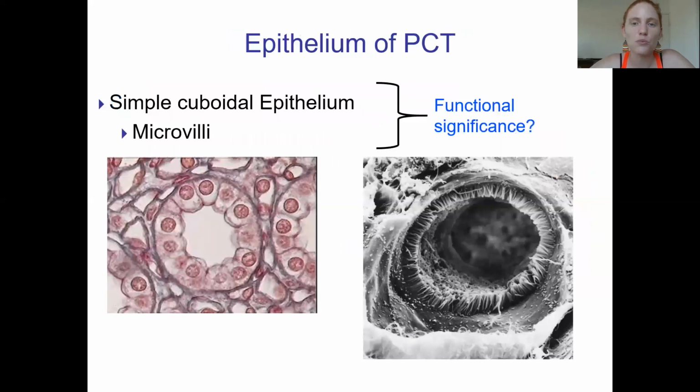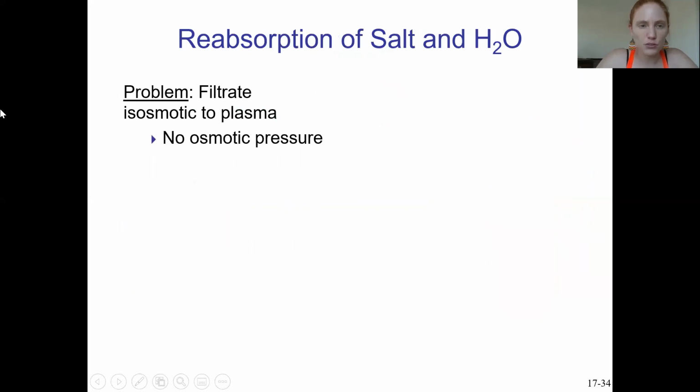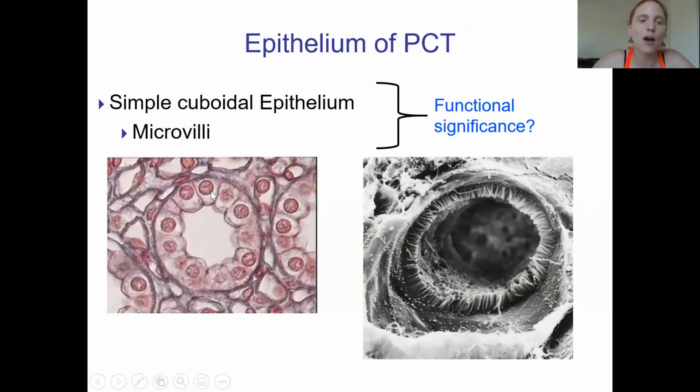Okay, so let's look a little bit. I know this is anatomy kind of, but I do want to sort of touch on why the proximal convoluted tubule is so very, very good at its job. The first is the type of epithelial lining it has. It has simple cuboid epithelium.